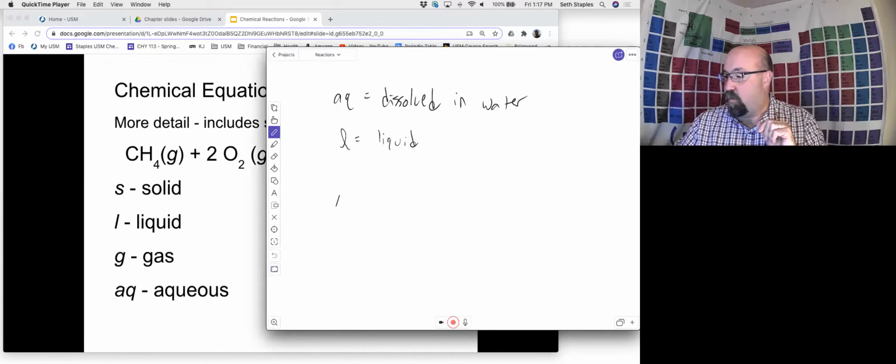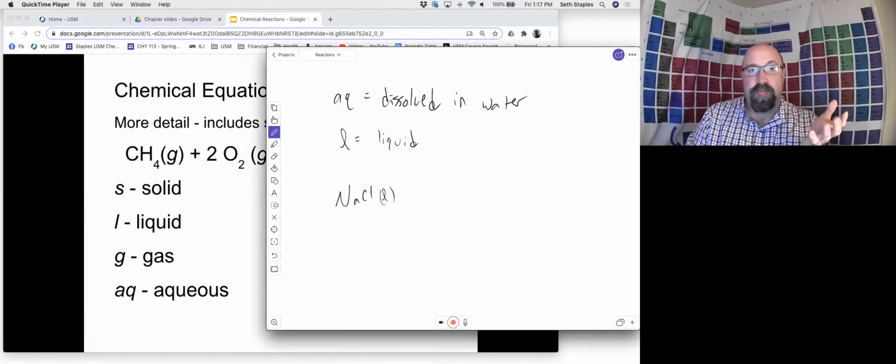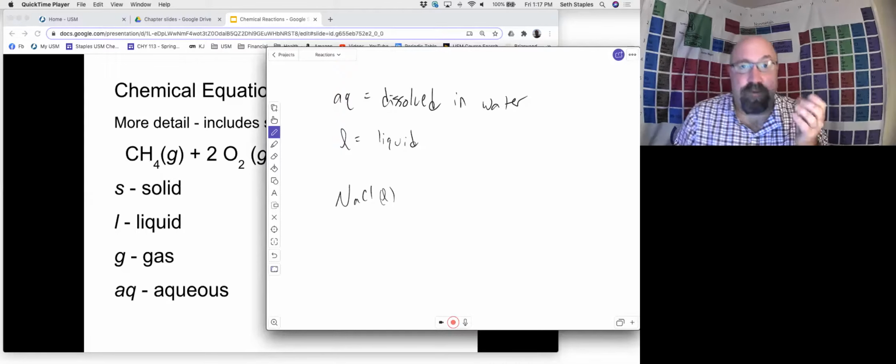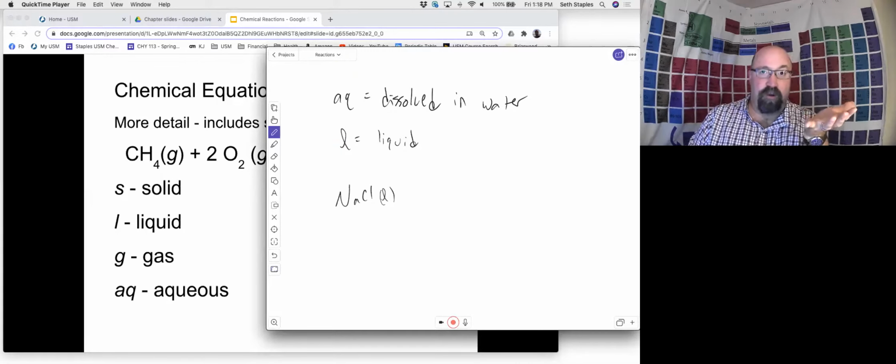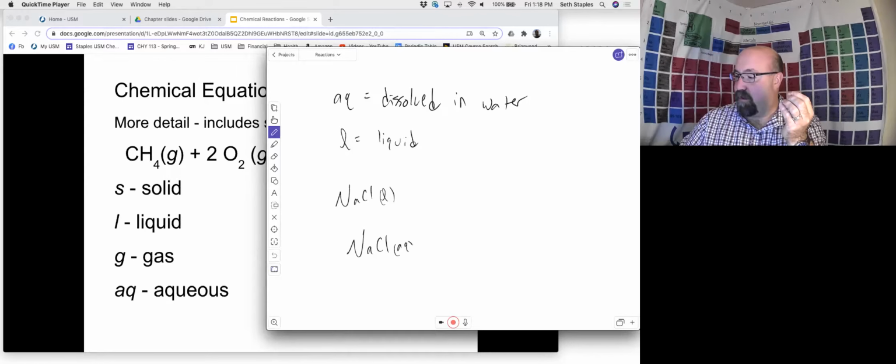We could have a particular equation where we've got NaCl in its liquid form. That means that we're literally talking about taking some solid sodium chloride and melting it down until it becomes a liquid. That is going to be very, very different from NaCl aqueous, where it is now dissolved in water.